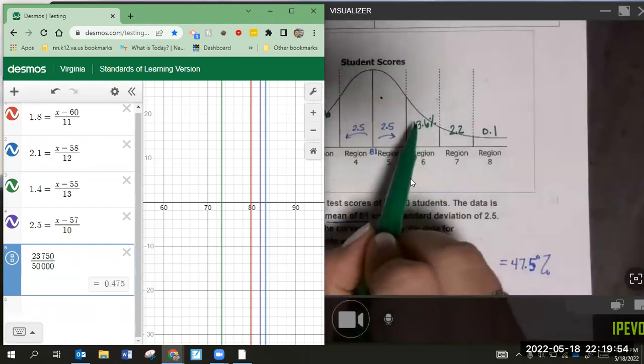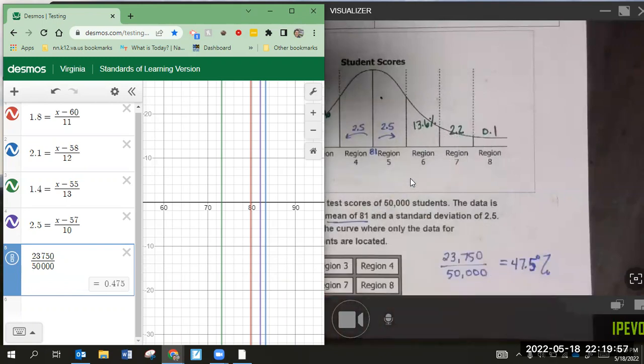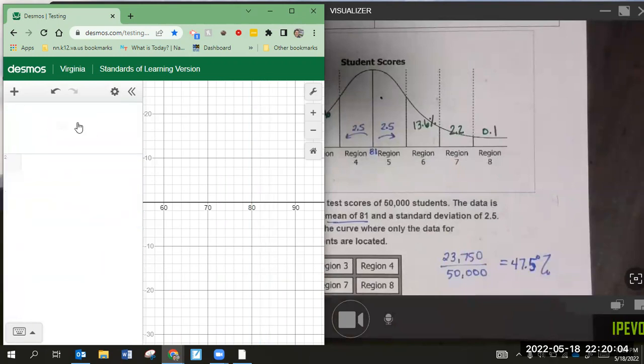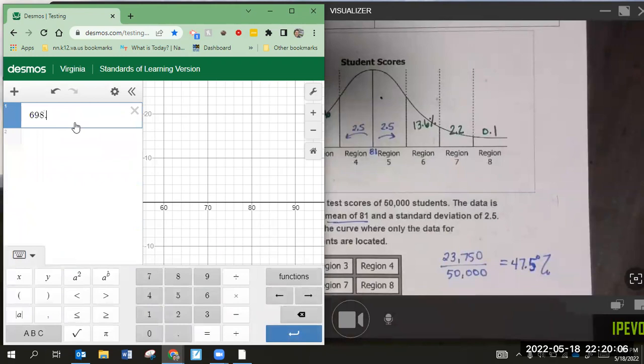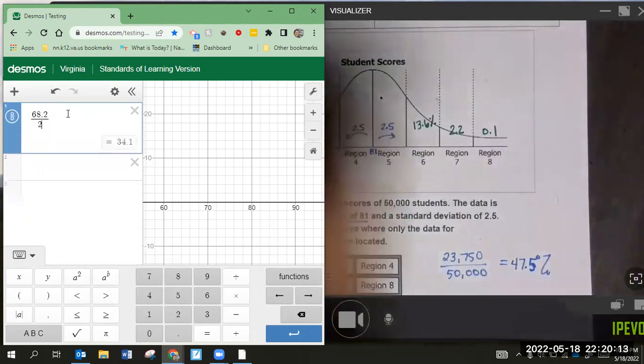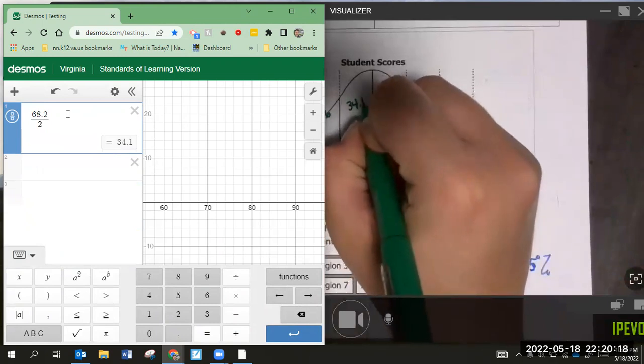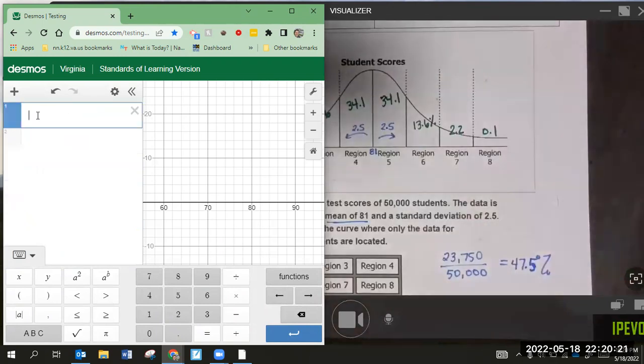If we add 13.6, 2.2, 0.1, all of these numbers up, we're going to get enough. Those are 34.1. There's 47.7.